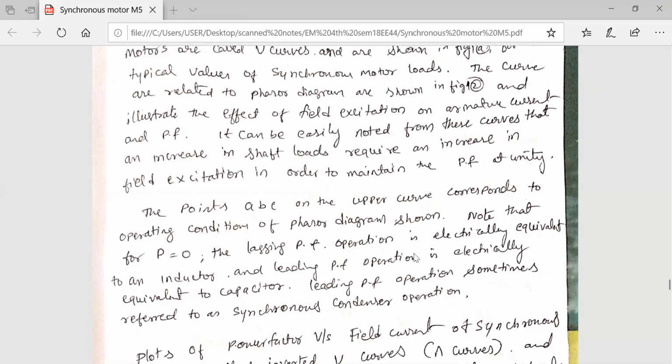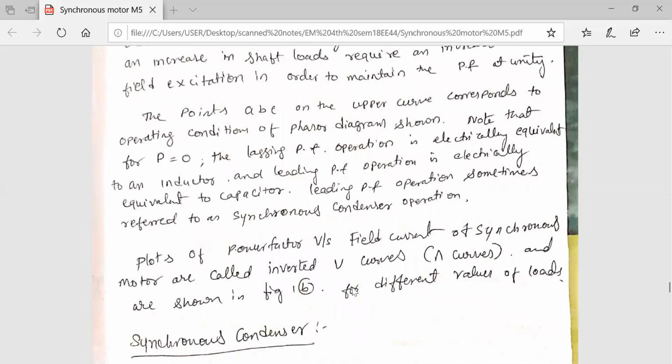If it is a leading power factor operation, it acts as a capacitor. Hence it is used as a synchronous condenser operation while in the capacitor mode, that is the leading power factor mode. Hence the over-excited synchronous motor is operated as a synchronous condenser. That is one of the major applications of the synchronous motor.